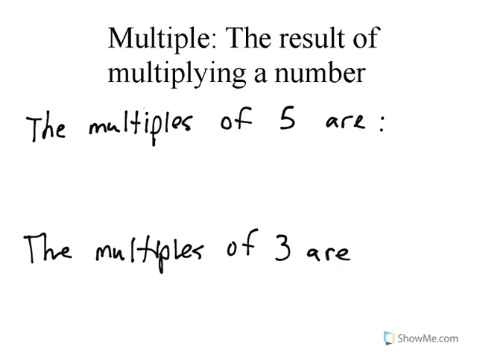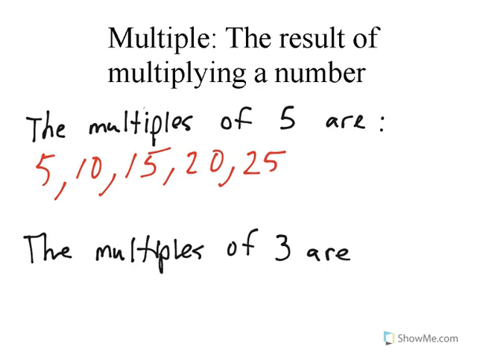For an example, the multiples of 5 are 5, 10, 15, 20, 25, 30, 35, and so on, because there's an infinite amount of multiples of 5. You could just think of any number, multiply it by 5, and that right there is a multiple of 5.